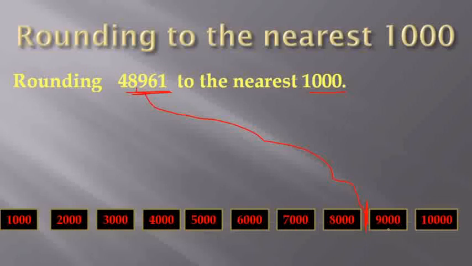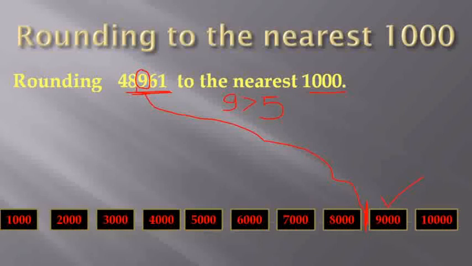Now whether to round up this number or round down this number, we will check the digit written at 100 place. The 100 place digit is 9 and you know that 9 is greater than 5. So we will round up this number. Okay class?